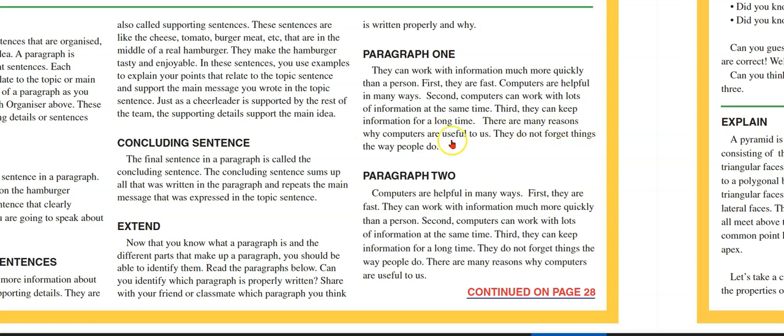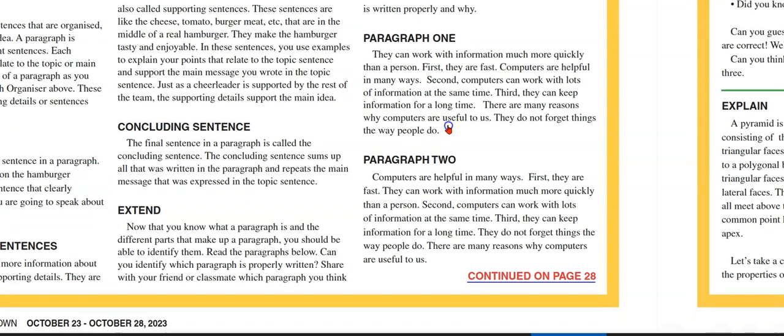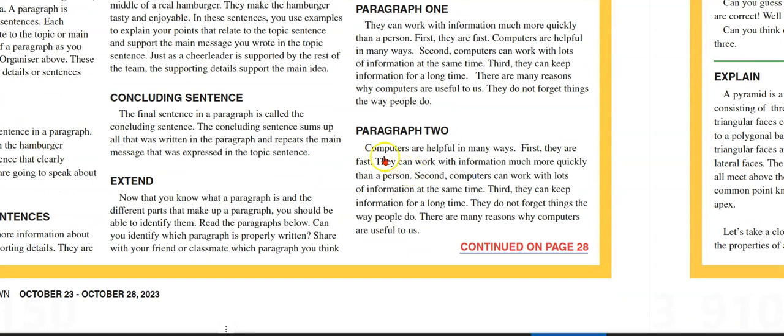There are many reasons why computers are useful to us. They do not forget things the way people do. How does it start off? They can work with information more quickly. That sounds like a supporting detail.